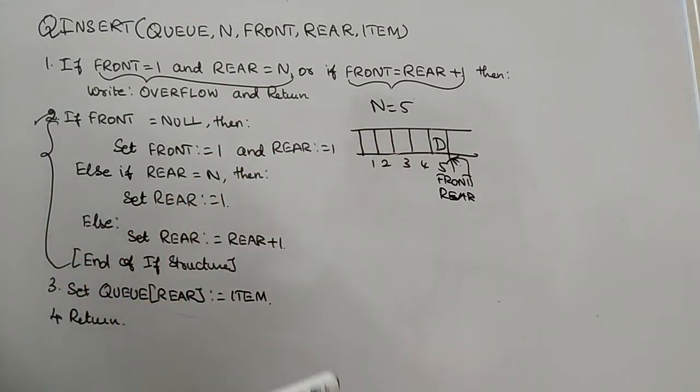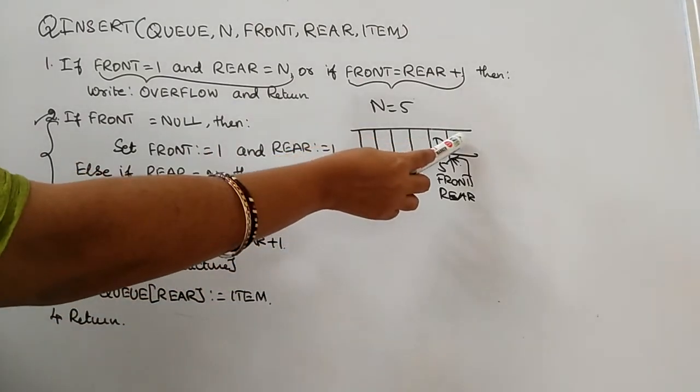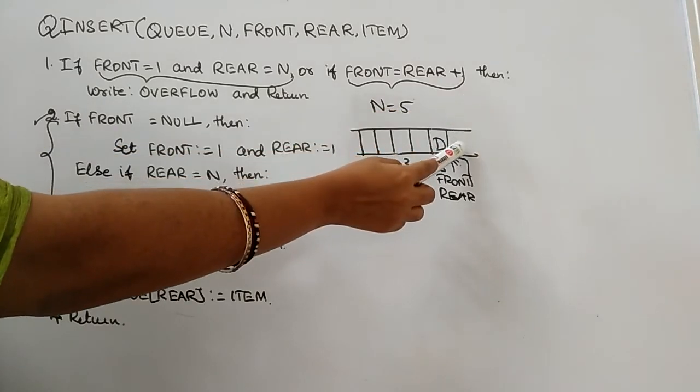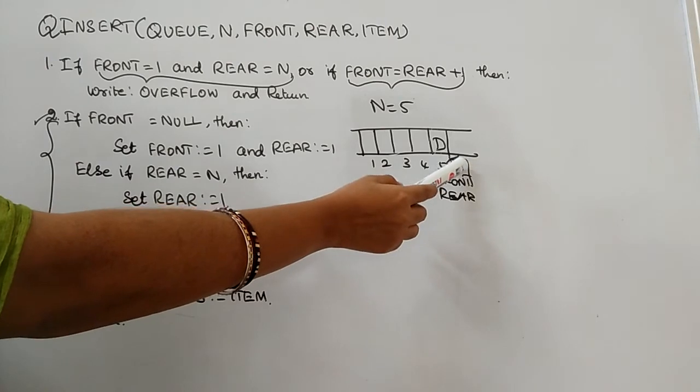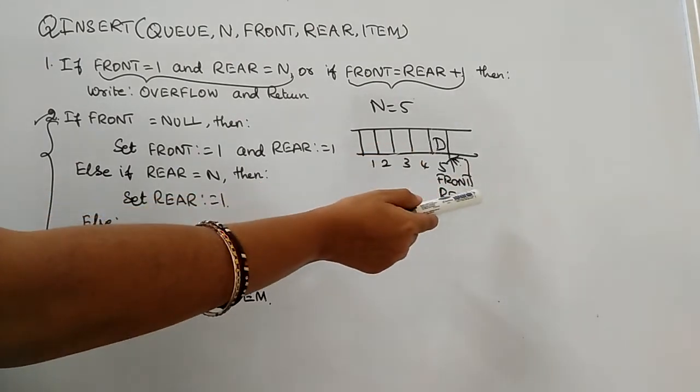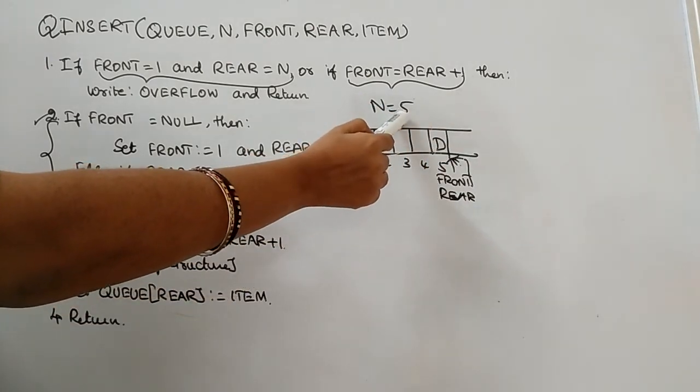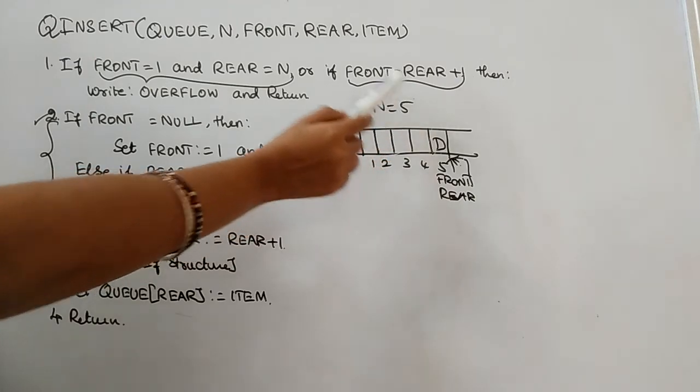So I couldn't conclude this as overflow, and at the same time I couldn't insert the element in the 6th position because the maximum size of my queue is 5.